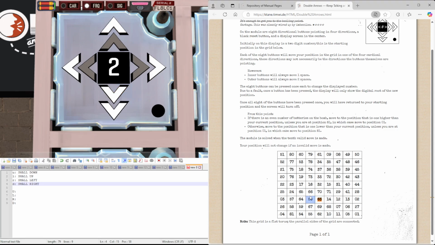But can we do stuff from here first? We would have 3, 7, 5, 1. So that would be cool. So big up gives us 3, which would be this one. So big up is big left.